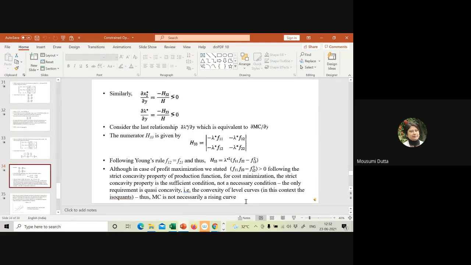So that may not be rising always. When we are taking the derivative of MC with respect to Y, that may not be rising always, because here we are considering quasi-concavity of the production function, not strict concavity of the production function.